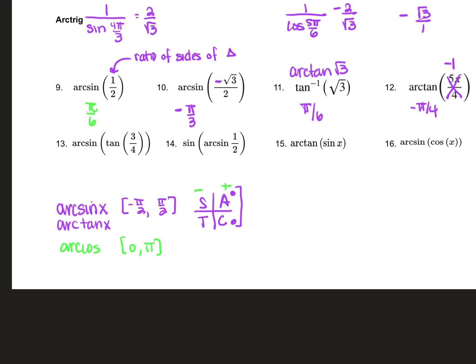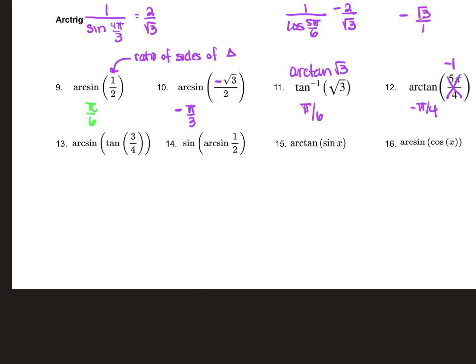Now, if we have an arc nestled inside of a trig. Okay, I did some typos over here when I was typing this up, so I need to fix this. This was supposed to say the tangent of the arc sine. Let's do the tangent of the arc sine of square root of 3 over 2.